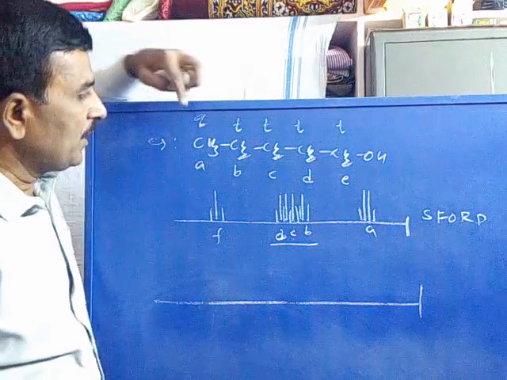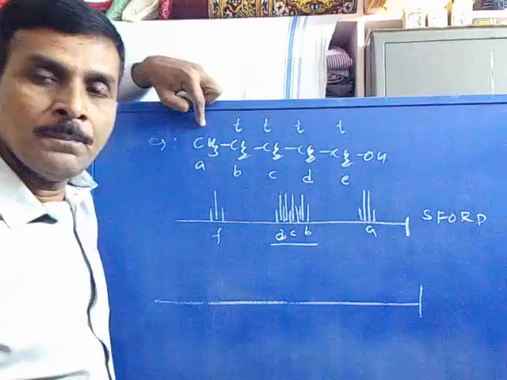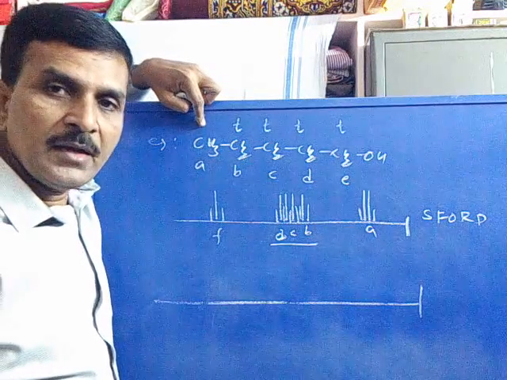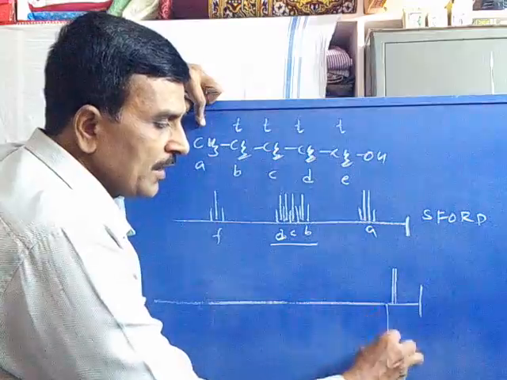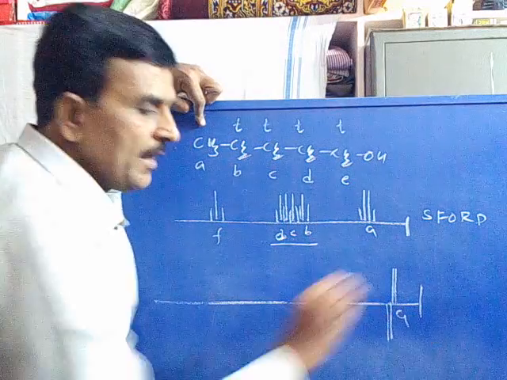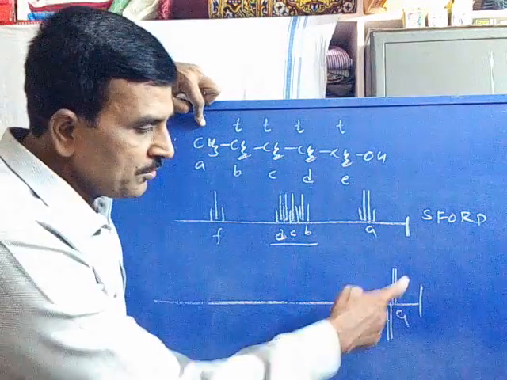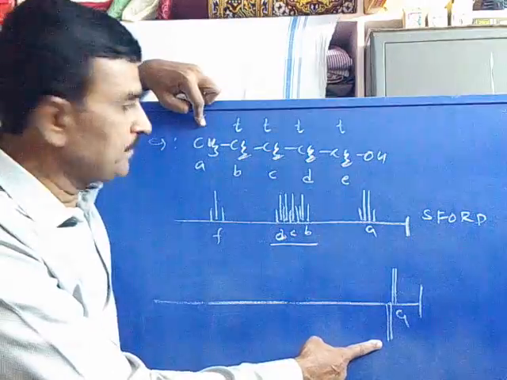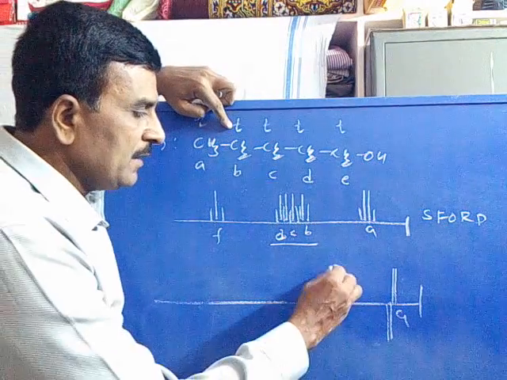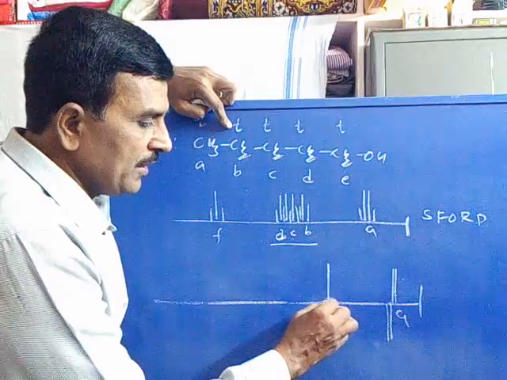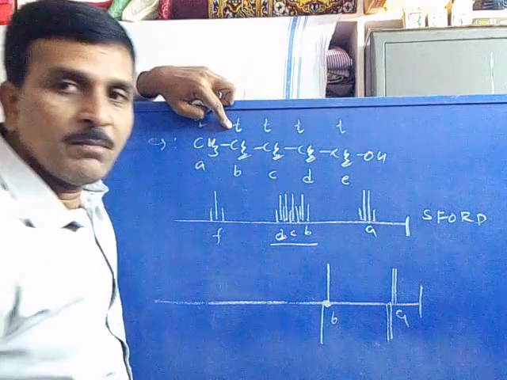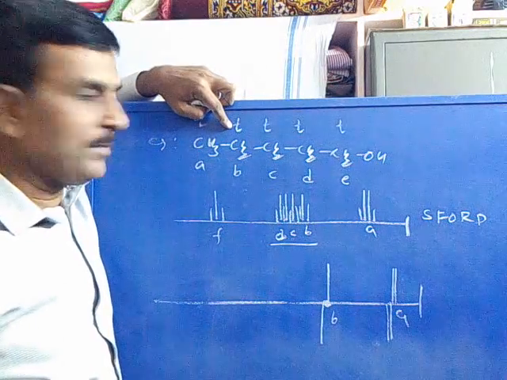The A CH3 carbon signal is a quartet. It is recorded with 2 positive lines and 2 negative lines. A carbon signal, 2 positive, 2 negative, a quartet. B carbon is recorded with 1 positive, 1 negative and a zero intensity middle line. This is B carbon, as it is a triplet.